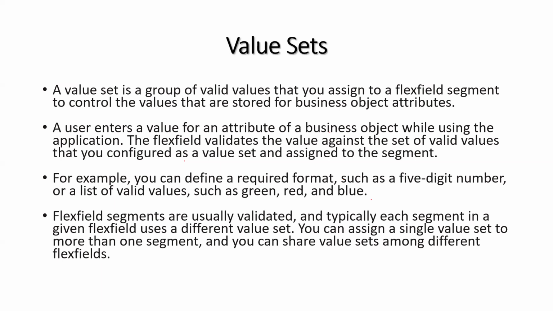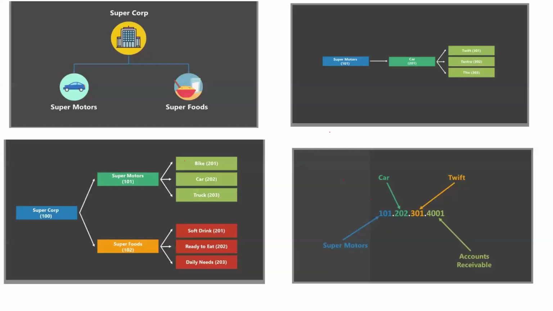At the value set level we also have another option, the security rule. Let's say we created these car models: 301, 302, 304, and so on, so we have 10 values. For each user level, if you don't want to show all the segment values to the employee, you can restrict it.